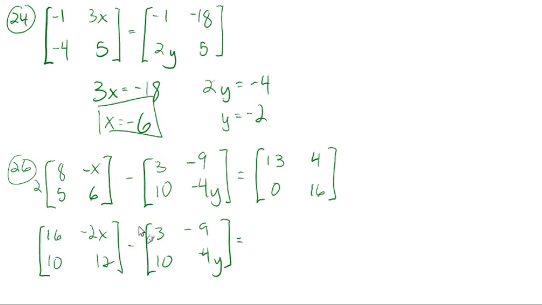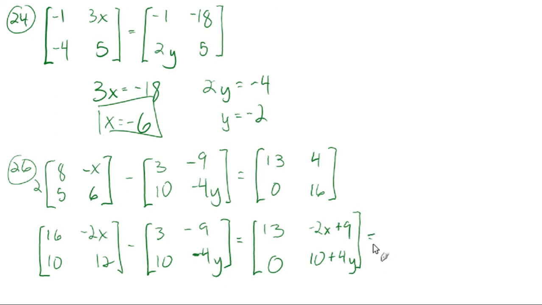So 16 minus 3 would be 13. Negative 2x minus a negative 9, that's negative 2x plus 9. 10 minus 10, that'd be 0. And 12 minus a negative 4y, that's the same as 12 plus 4y.